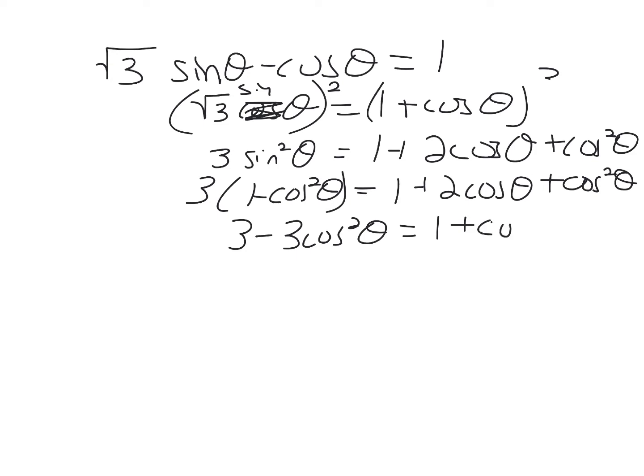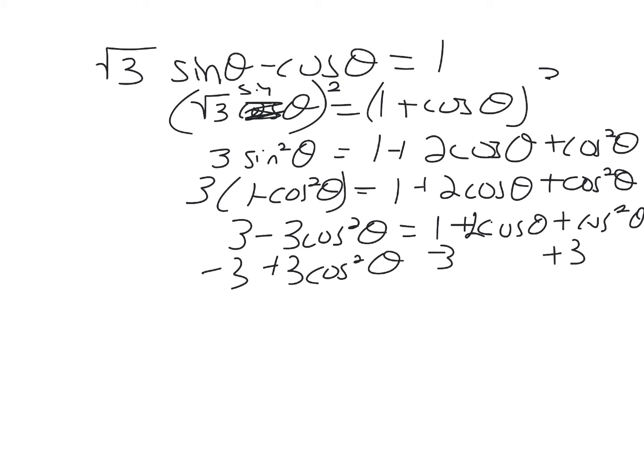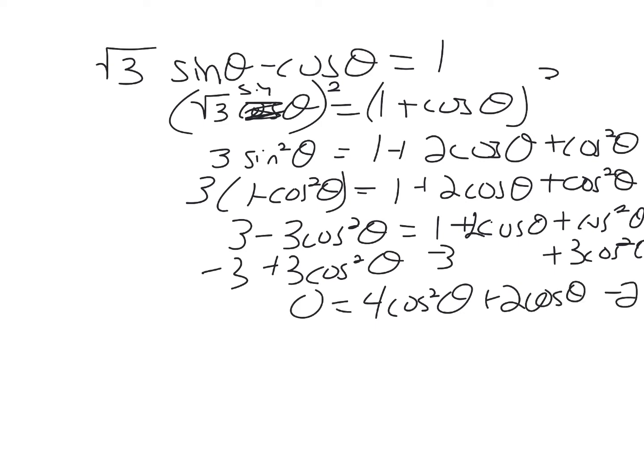And then it's going to come out to be a similar problem as the others, in that we need to factor. Move everything to one side. If I add this to the other side and subtract the 3 to the other side, that's going to get us 4 cosine squared theta plus 2 cosine theta minus 2 equals 0. Divide out the 2 to make our lives a little bit easier.